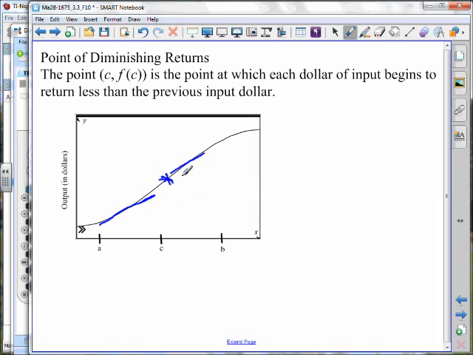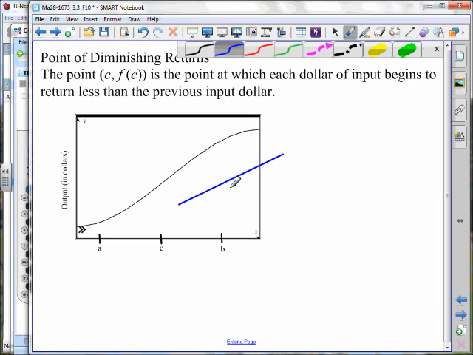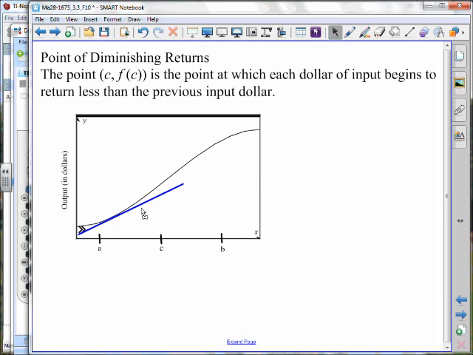If I'm going to draw a tangent line along this curve, let's see if I can get that. Where's my magic marker? There we go. I'm going to pick up that line, and I place it here, and then I place it up here. What happened to that tangent line?